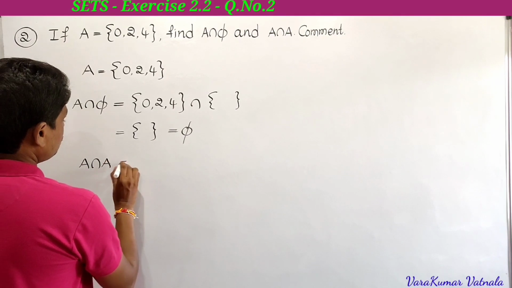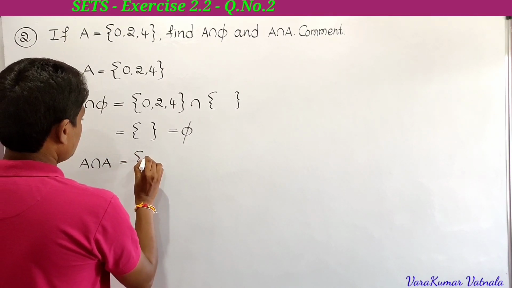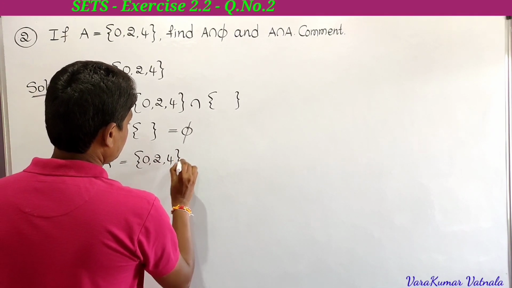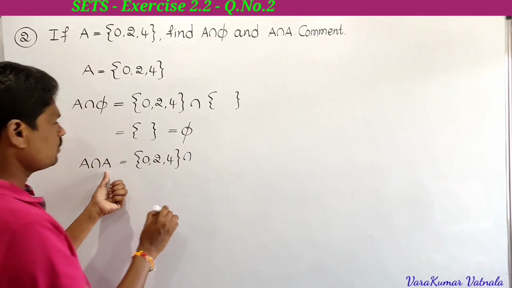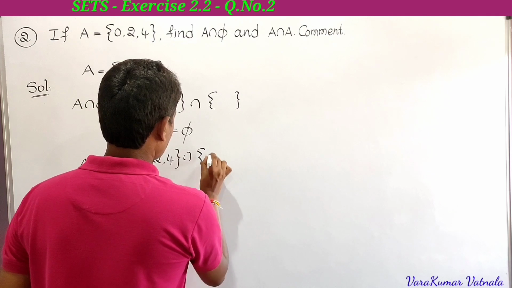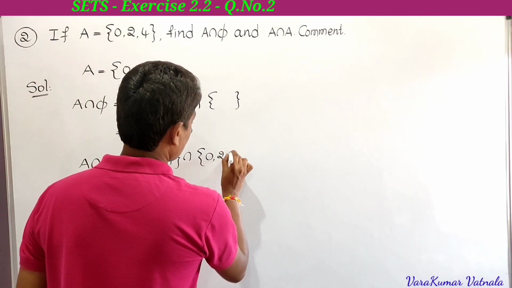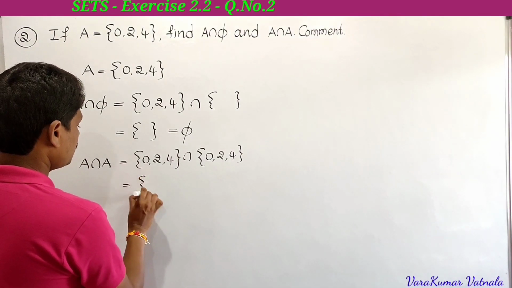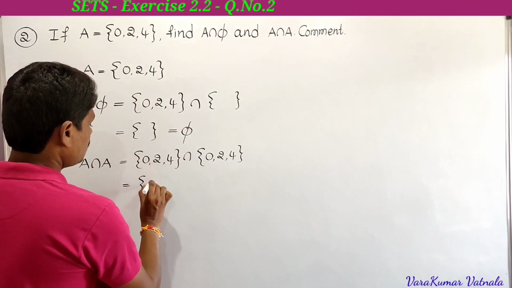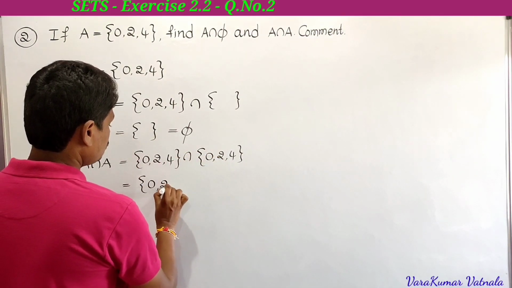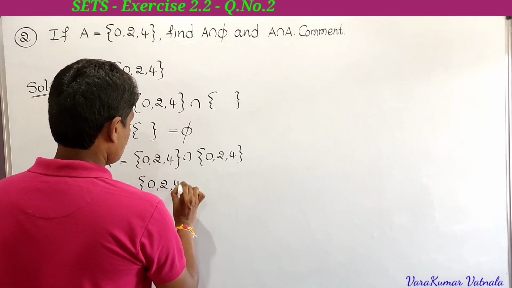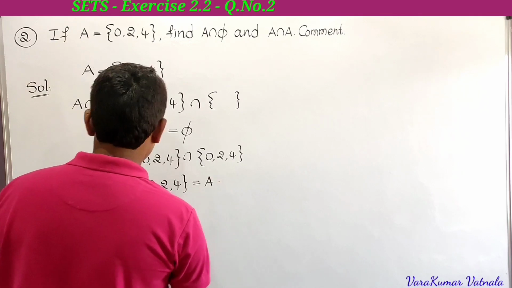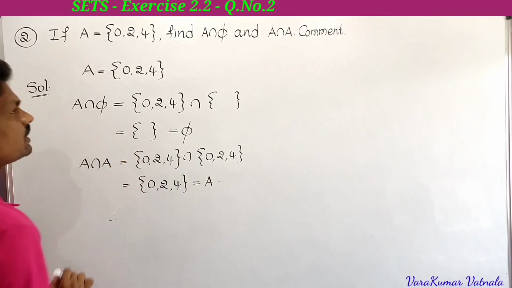A intersection A is equal to, we have to write set A, that is 0, 2, 4, intersection. Again we have set A only. A intersection A. Again we write set A, that is 0, 2, 4. So for intersection we have to write the common elements. So 0 is there, 2 is there in both, 4 is there in both. 0, 2, 4. It is nothing but set A. Therefore, we can write the comment he is asking.